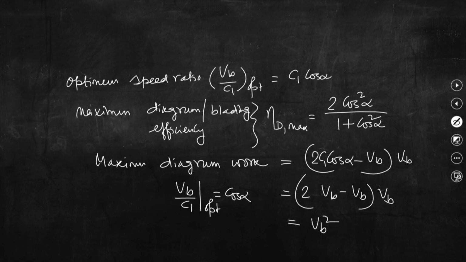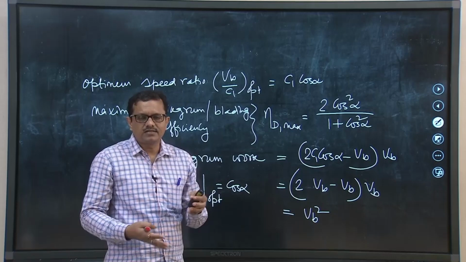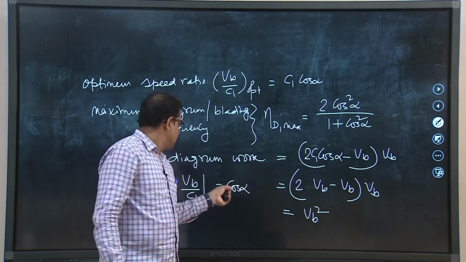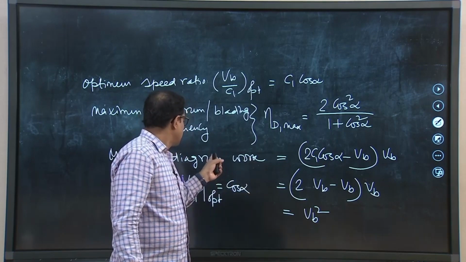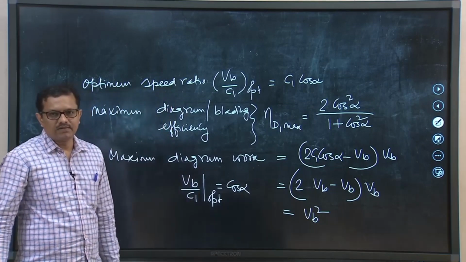Now, very quickly I will tell what the velocity triangles would be for the case when the diagram efficiency would be maximum, and the diagram work would be maximum, for a 50% reaction turbine.